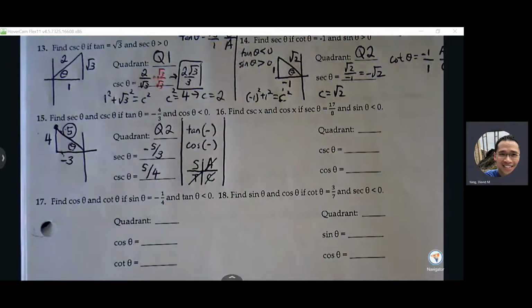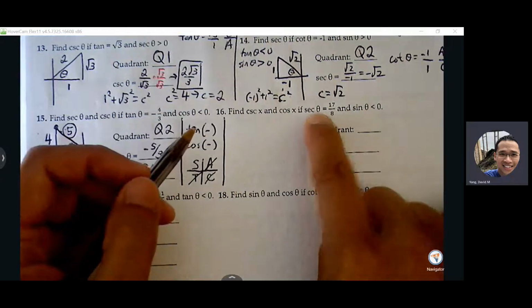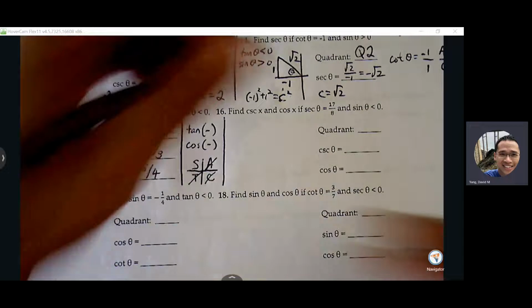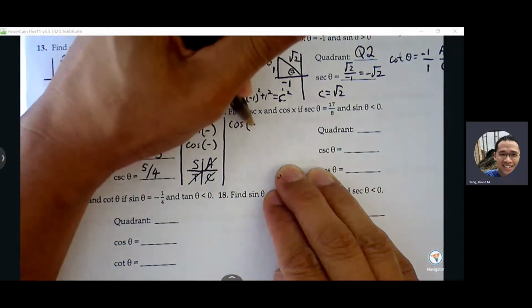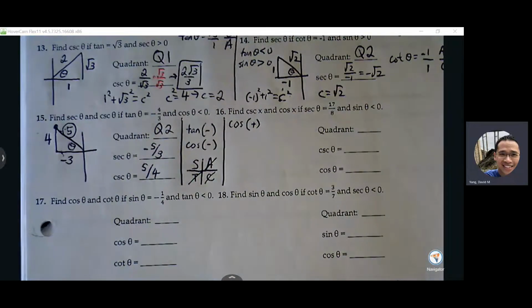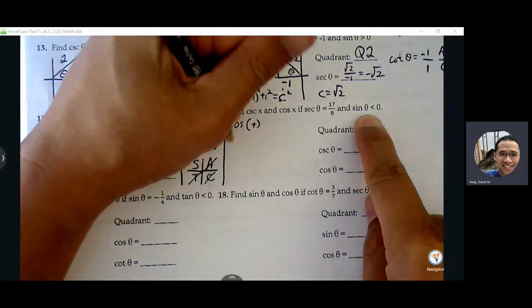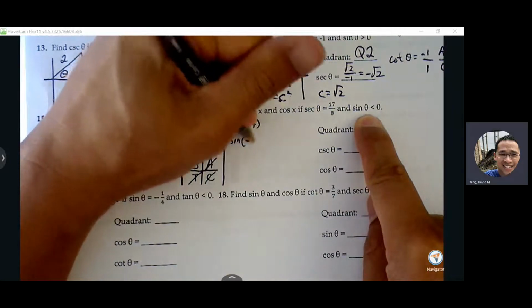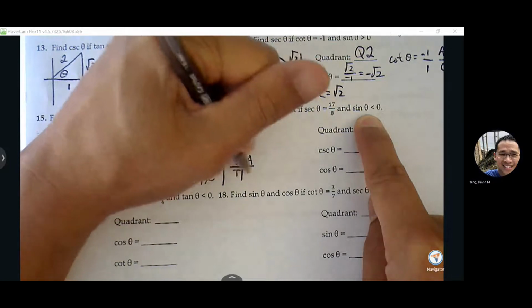Okay, 16. Find cosecant and cosine if secant is 17/8. Now, secant is positive, we see that, but what's related to secant? Cosine. So maybe it's easier to just put that side note, cosine positive. And then sine is negative, so I'll put sine negative, and I'll create my chart ASTC.